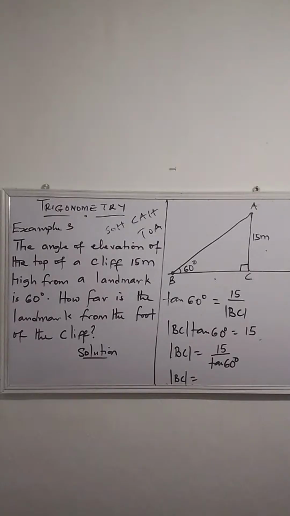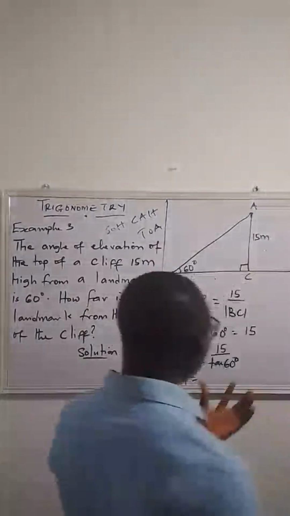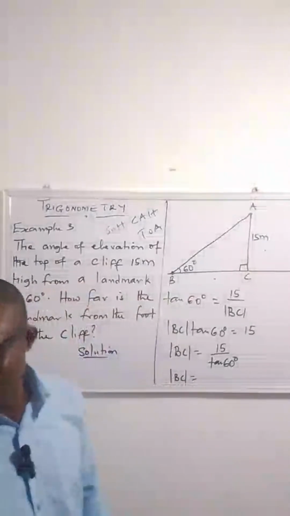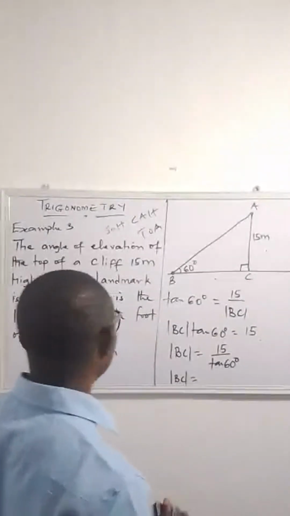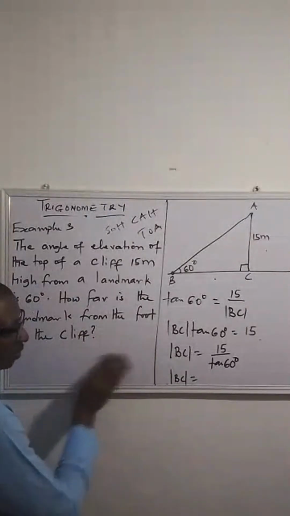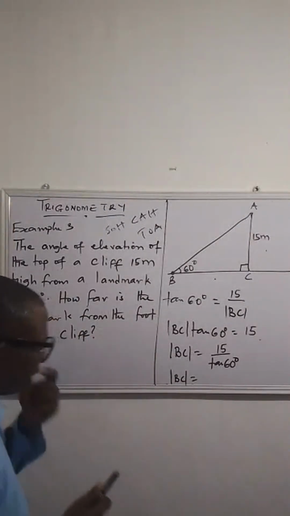I want every one of you to drop your answer. Tan 60 is square root of 3. I think I've said that today.